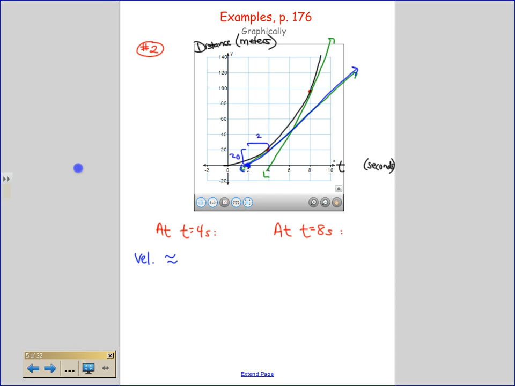So therefore, 10 meters per second is approximately how fast you're going at 4. What did I do? Figured out a point on my tangent line as best I could. It's a graph, it's approximate, change in y over change in x.